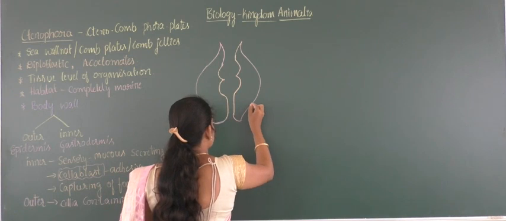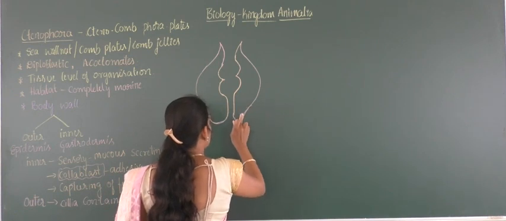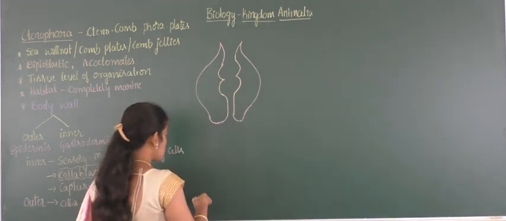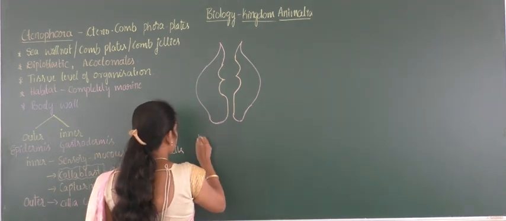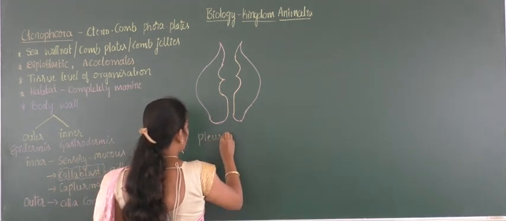So this is the outlook of one of the ctenophora. That is called Pleurobrachia. So this is called Pleurobrachia.